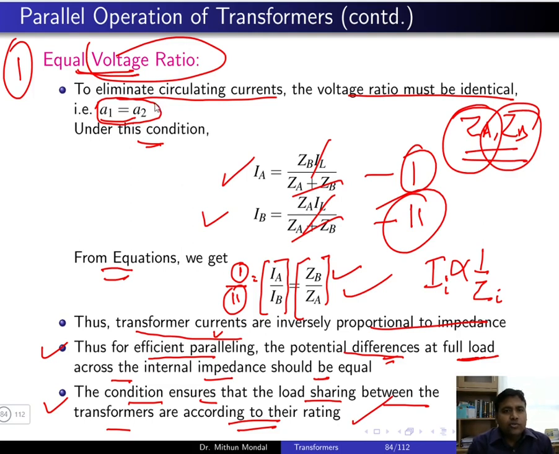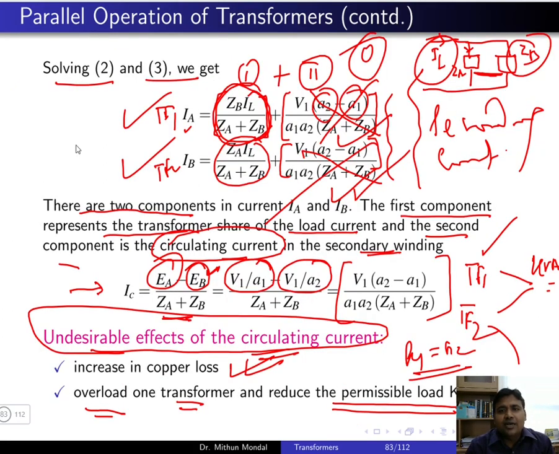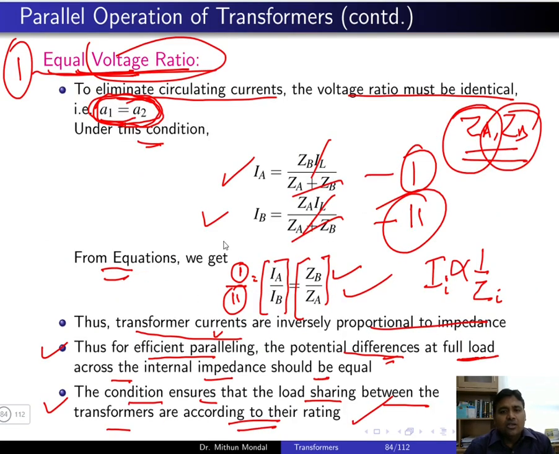The point to remember is that A1 should be equal to A2, that is, equal voltage ratio, will make the circulating current in this equation vanish, and hence you will get good transformation, and the current will be inversely proportional to the impedance of the system.